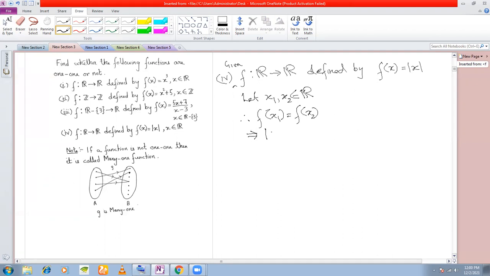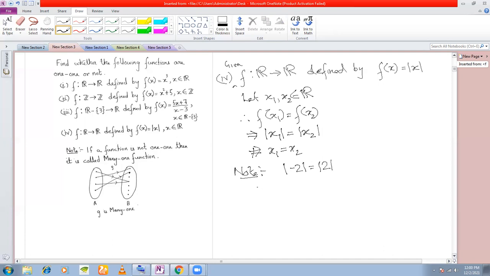f(x1) is equal to f(x2) means mod x1 must be equal to mod x2, right? Now, if mod x1 is equal to mod x2, does it imply x1 is equal to x2? It does not imply x1 is equal to x2. Why? Because mod of -2 is equal to mod of 2, right?